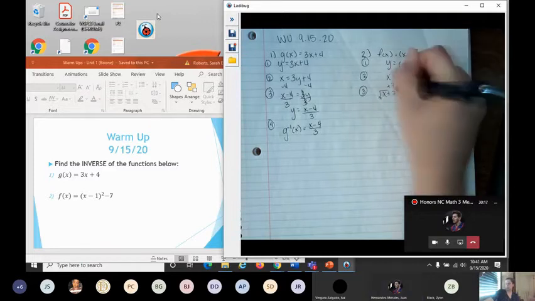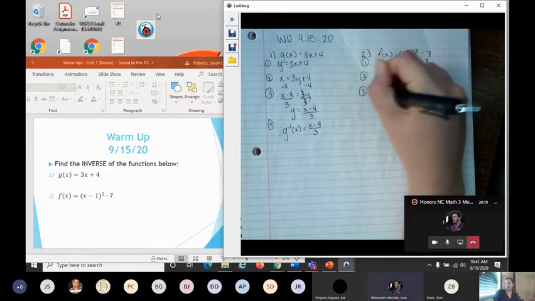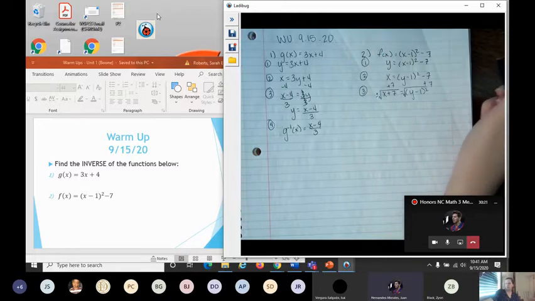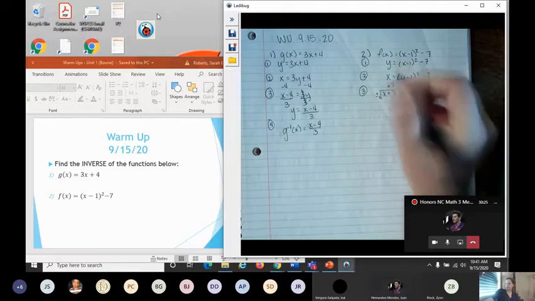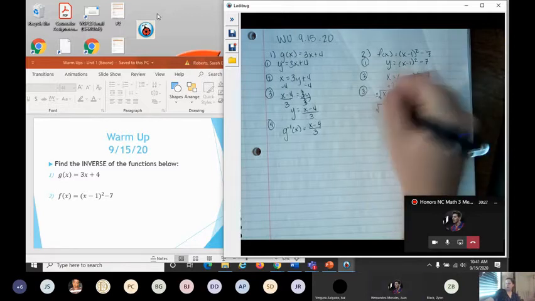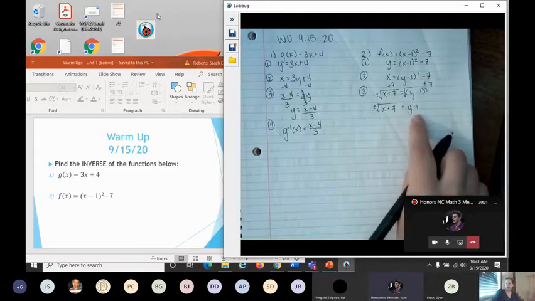Okay, and remember when you take the square root, you have to have both plus and minus the square root. So I'm going to end up with y minus 1 equals plus or minus the square root of x plus 7. And now what's the only thing left with y? To move it.